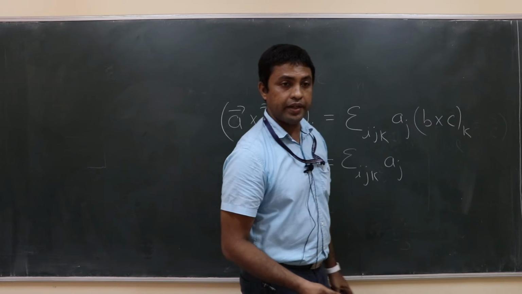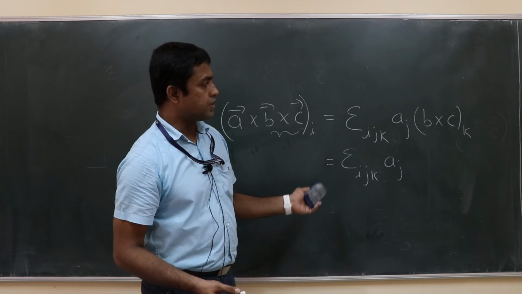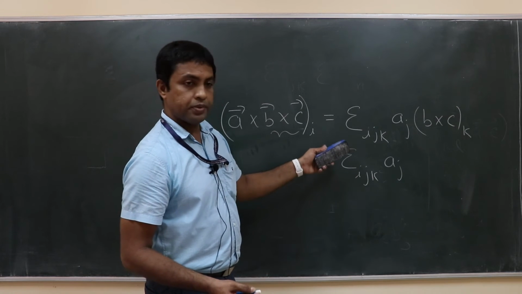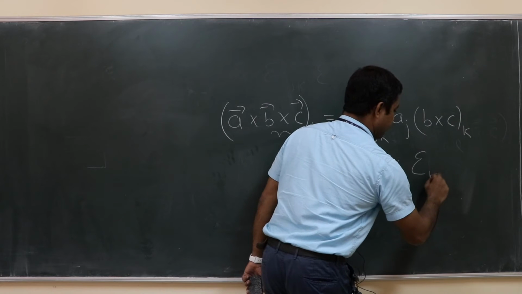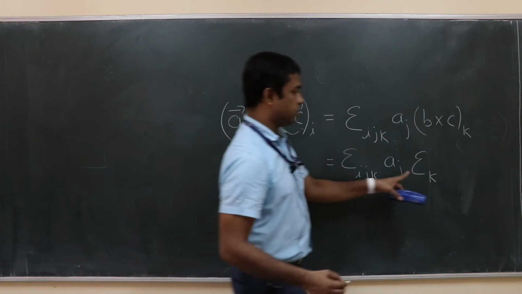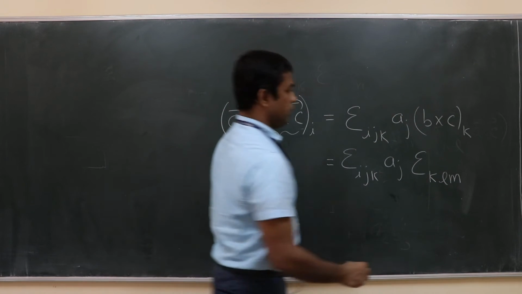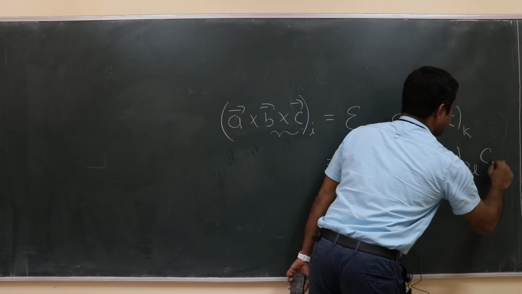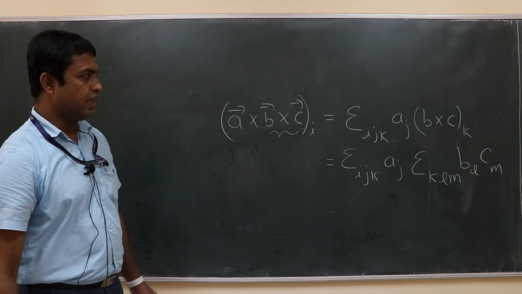That also I can write using epsilon. I should not use the indices I have used so far, so epsilon klm Bl Cm. Okay, done.